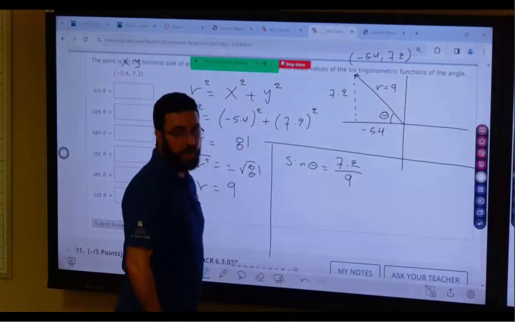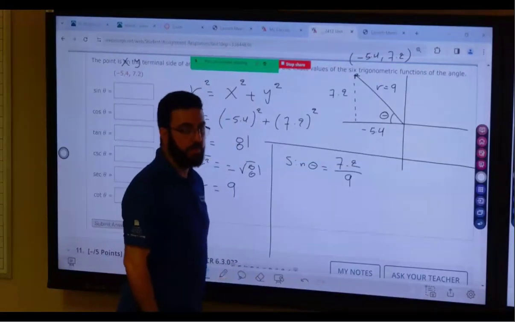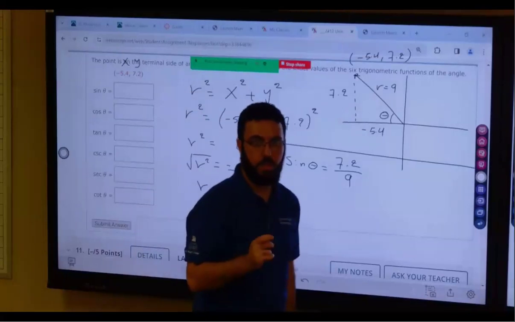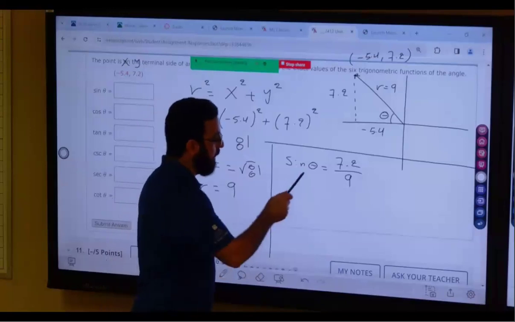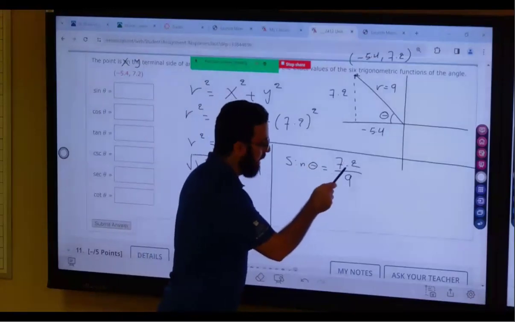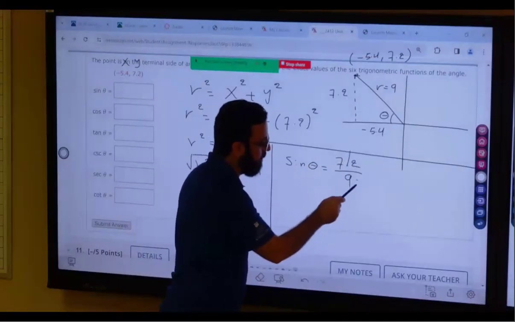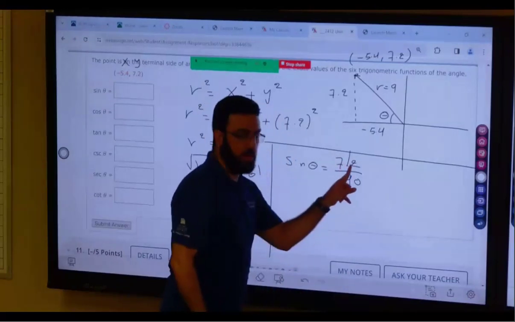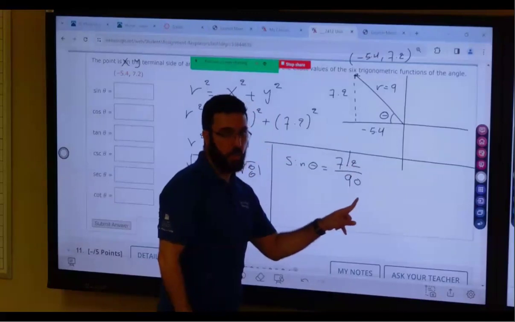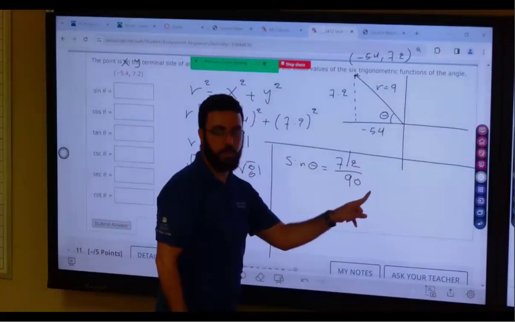You have to simplify it, right? How are you going to simplify this one? You see the decimal? I'm going to cancel the decimal and add 0. How many numbers do you have after the decimal? 1, then add 0. If you have 2 numbers, you're going to add 2 zeros.